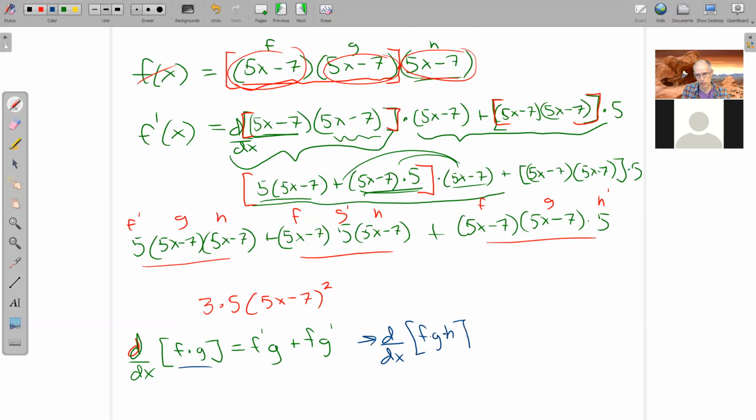And these are all functions of x, is f prime times g times h plus f times g prime times h plus f times g times h prime. So you just take one derivative at a time and multiply by the other functions and then add them all up. And that's kind of a generalized product rule. Isn't that awesome?